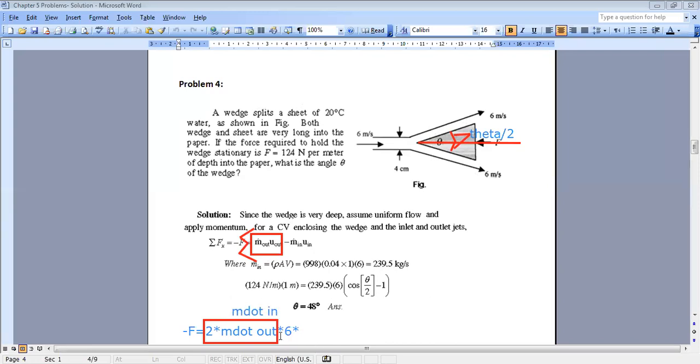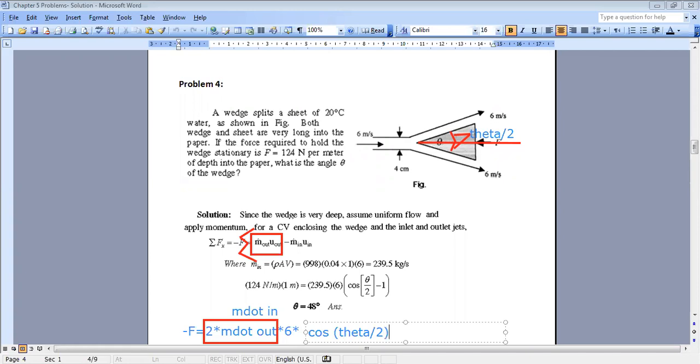Now times 6, which is the velocity, and why we should project it: because we want u out, the component of the outlet velocity along x. To have the component along x, we should do 6 times cosine theta over 2. So I should multiply by cosine of angle theta over 2.